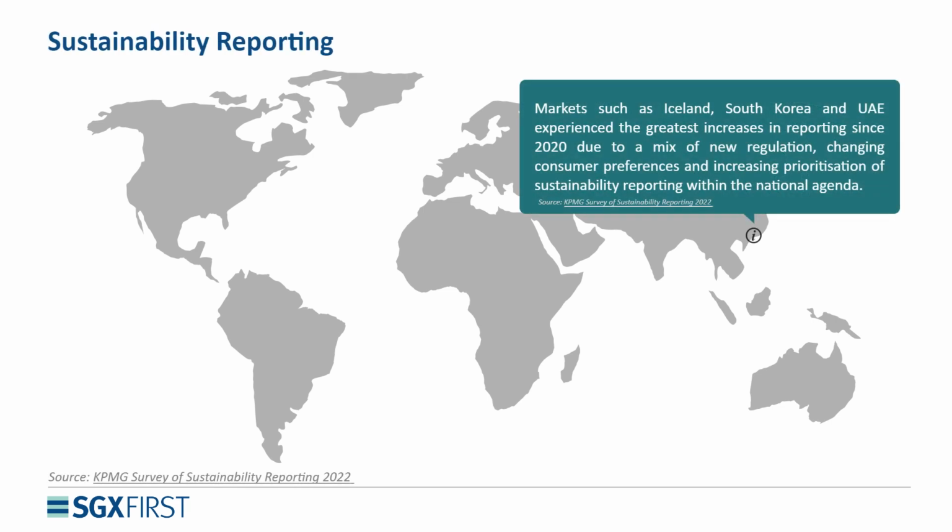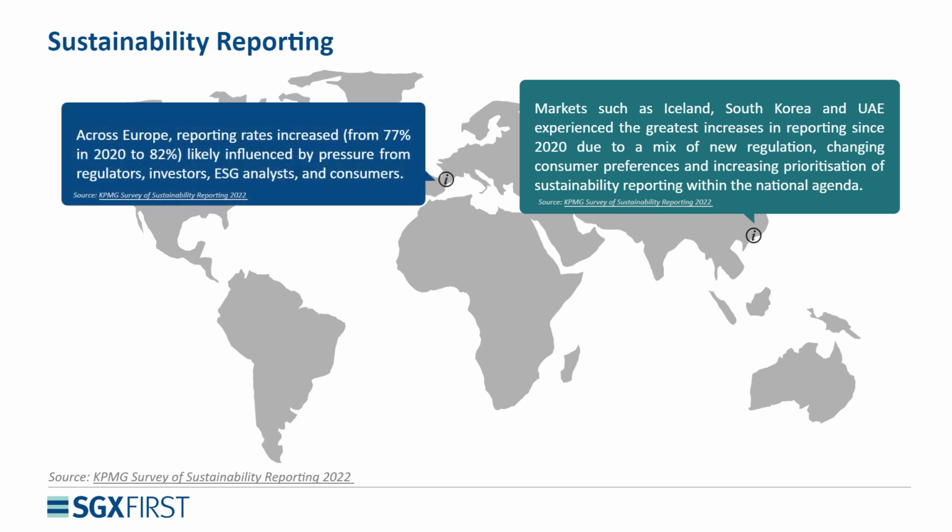Markets such as Iceland, South Korea, and UAE experienced the greatest increases in reporting since 2020 due to a mix of new regulation, changing consumer preferences, and increasing prioritization of sustainability reporting within the national agenda. Across Europe, reporting rates increased from 77% in 2020 to 82%, likely influenced by pressure from regulators, investors, ESG analysts, and consumers.